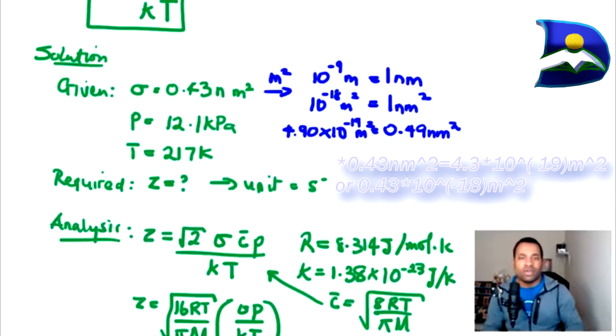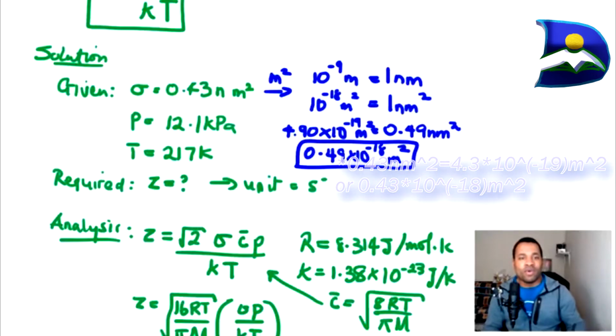Or you can express this as 0.49 times 10 to the -18 meter squared. So this is one number that we're going to use in terms of the cross-sectional area.